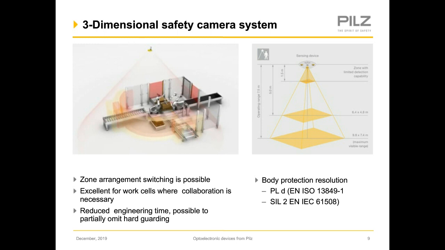So for example, in this picture here, we have the conveyor, left and right and in the front. So there we can create cutouts. Sometimes you may have to consider some additional guarding, because one device may not fit all the necessary requirements that you would like.